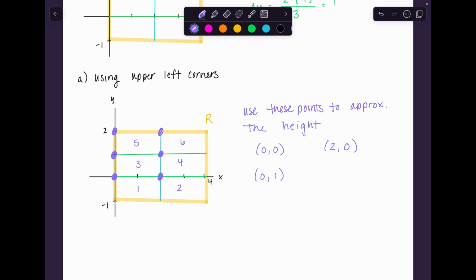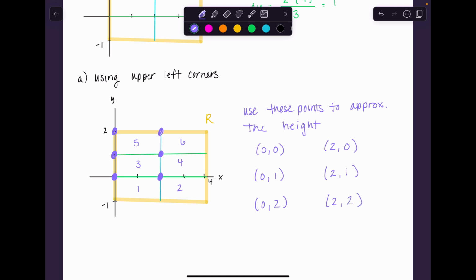So that's the y value. On region 4, this corner right here would be the point 2, 1. So we'll use that to approximate the height. On box 5, this point here is 0, 2. And then on region 6, this box here would be 2, 2.